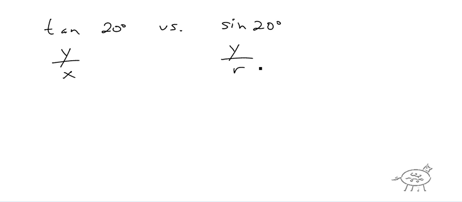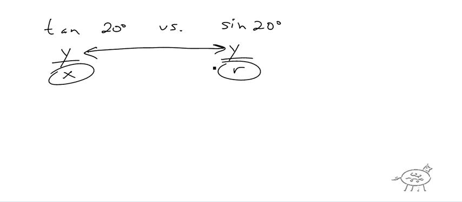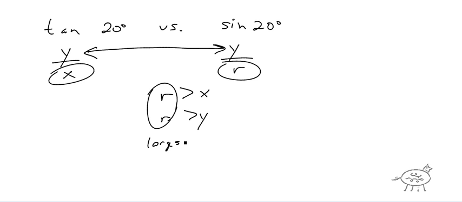So now you can do a direct comparison. Don't you guys agree the y's are the same? And what about the x versus the r? Isn't r always greater than either x or y? Isn't r the largest number?